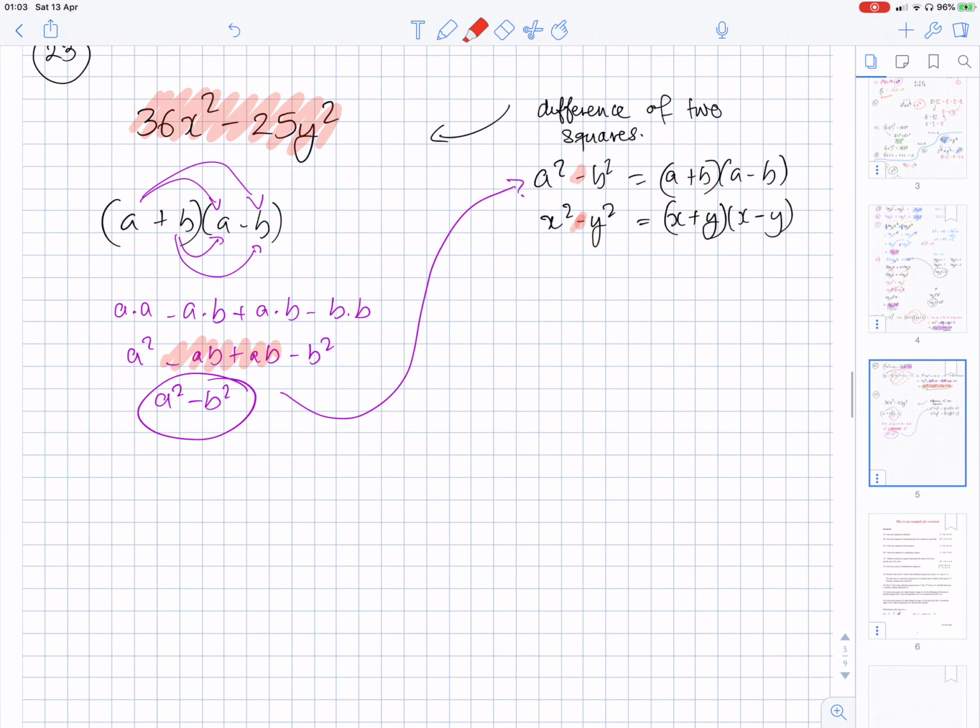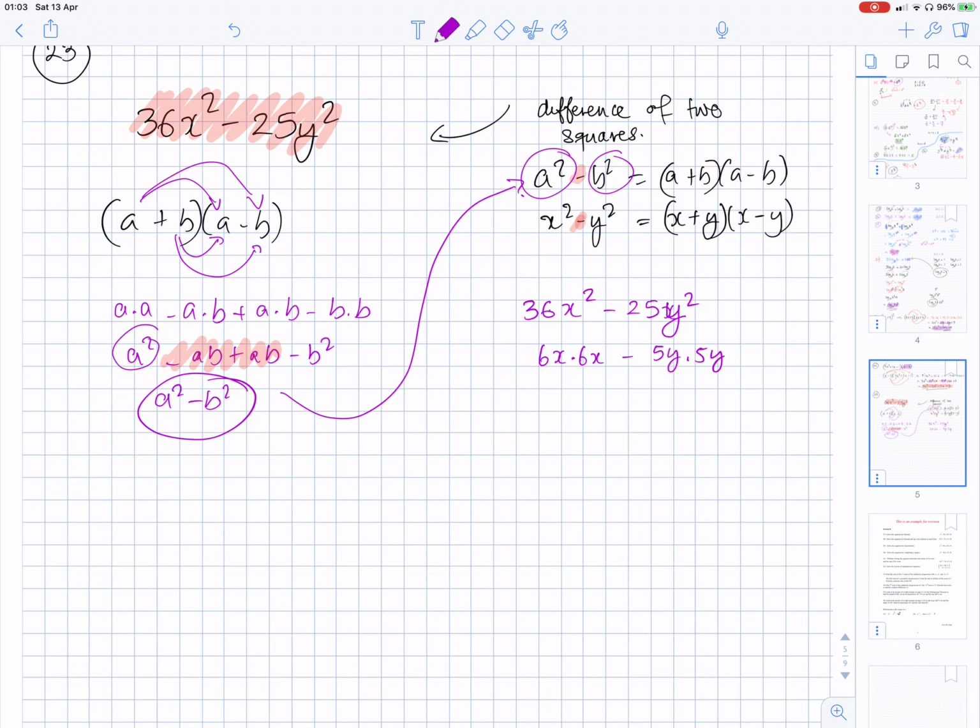Okay, so this to me looks exactly like that because I've got a square number. So let's take 36x squared. That's a square number, just like a squared and b squared are both square numbers. So these two are also square numbers, because this can be 6x times 6x, and this can be 5y times 5y.